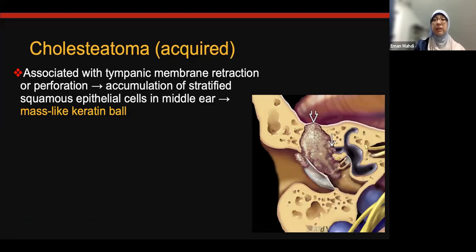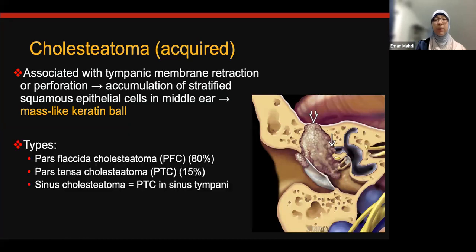Acquired cholesteatoma is related to abnormality of the tympanic membrane. There is retraction or perforation of the tympanic membrane, and that results in entrance of squamous epithelial cells into the middle ear cavity, resulting in a mass of keratinized debris.